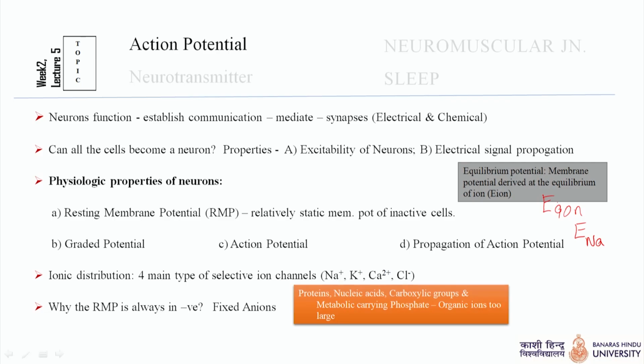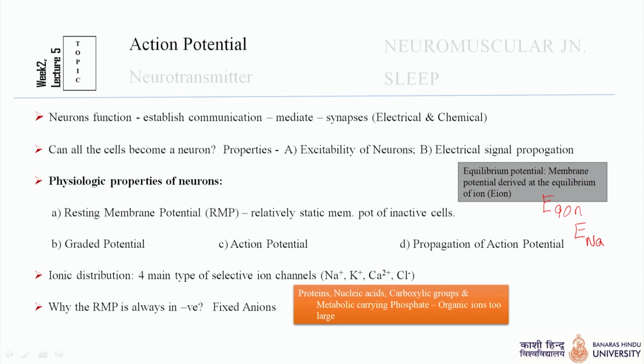That means when the intracellular fluid and the extracellular fluid, where the electrostatic force as well as the concentration gradient, meet at the equal point where there is no further exchange of ions, that potential is called the equilibrium potential. All the ions in the body will try to achieve this equilibrium potential, but the body won't allow it.